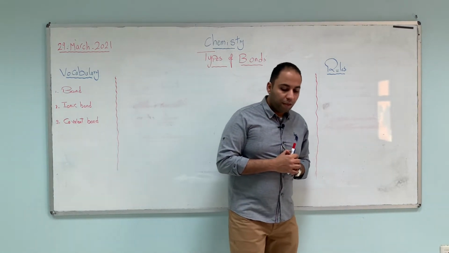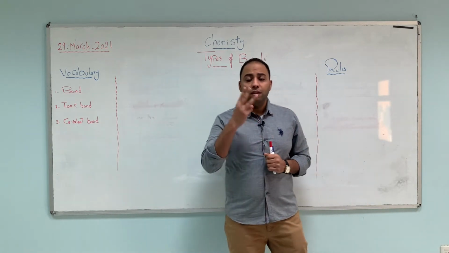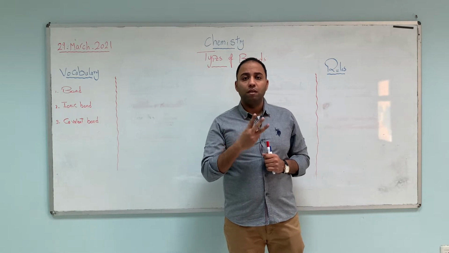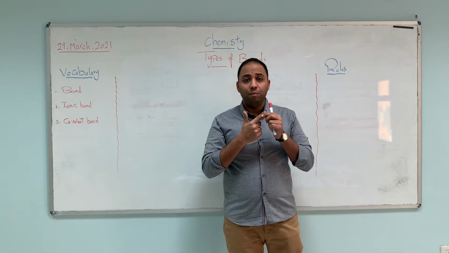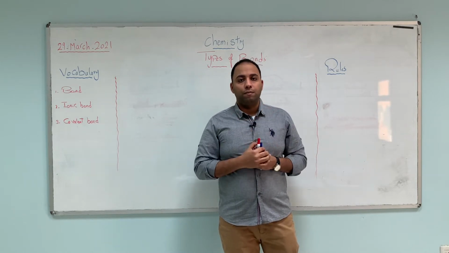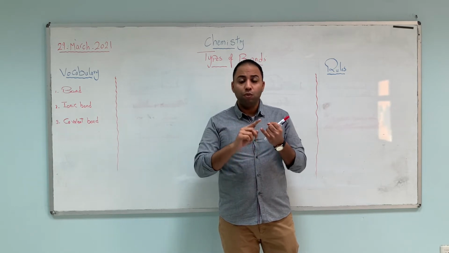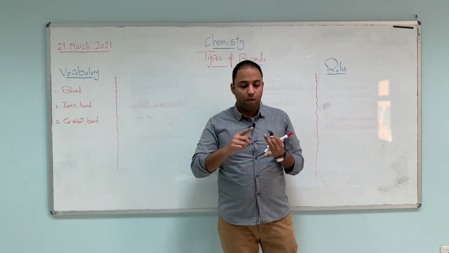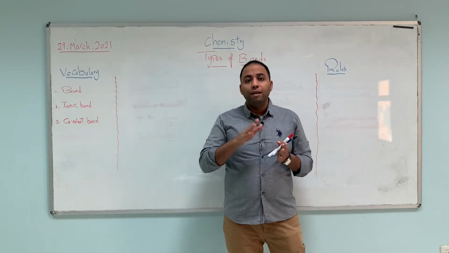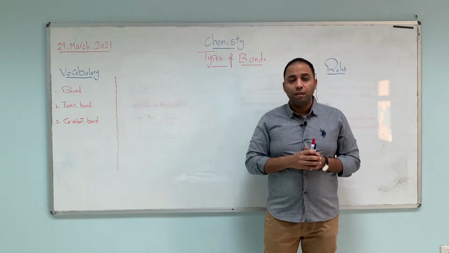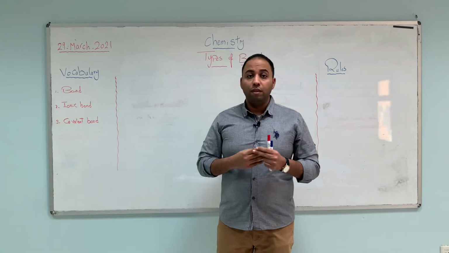Firstly, I want to explain the types of elements inside the periodic table. There are three classes of element inside the periodic table. The first one, metals. Number two, non-metals, and number three, metalloids. Metals are good conductors of heat and electricity, malleable, ductile, shiny. What about the non-metals? They are the opposite of metals: bad conductors of heat and electricity, non-shiny, non-malleable, non-ductile.